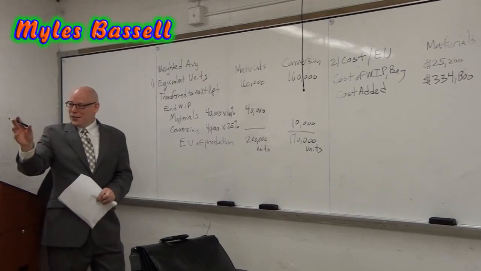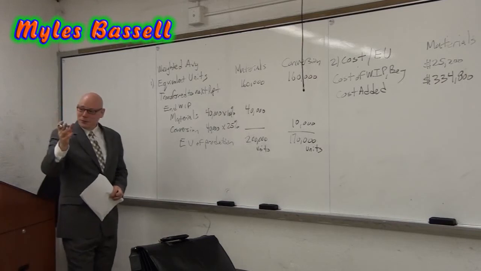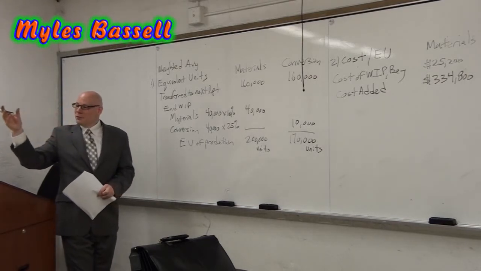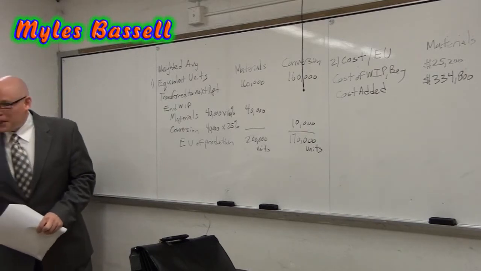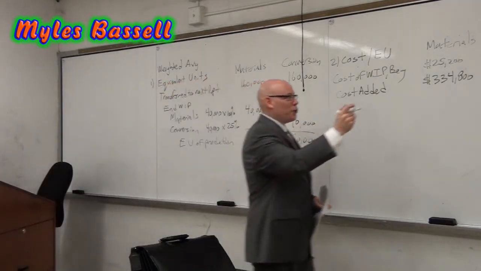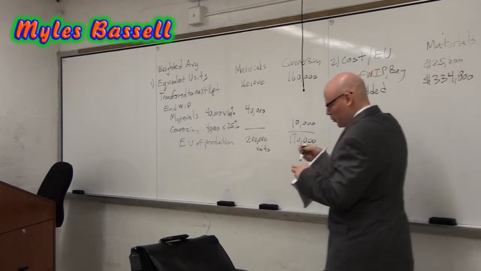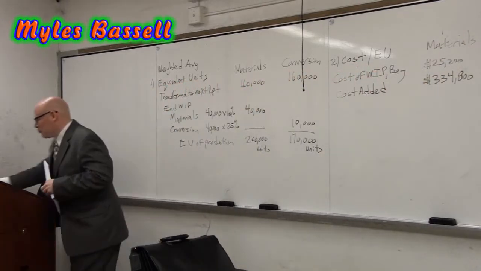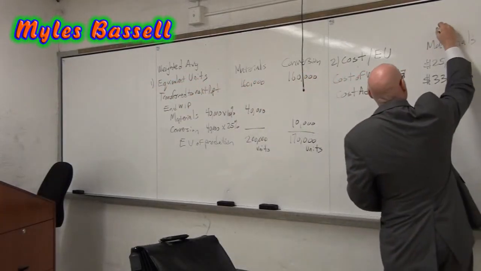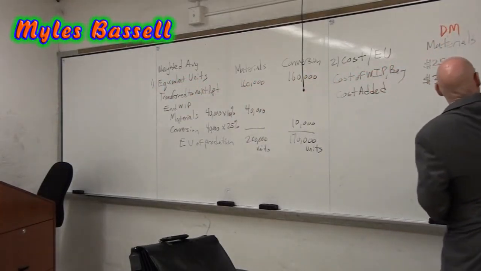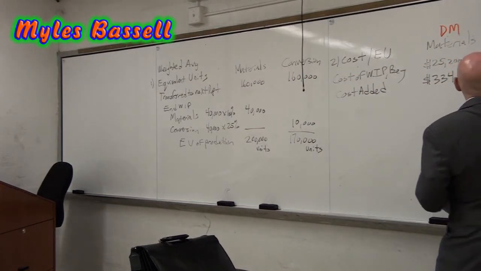Conversion cost. We said conversion cost is what? I heard the first part. Right. So that's why we list it this way. This is the direct materials, and this is direct labor plus manufacturing overhead.